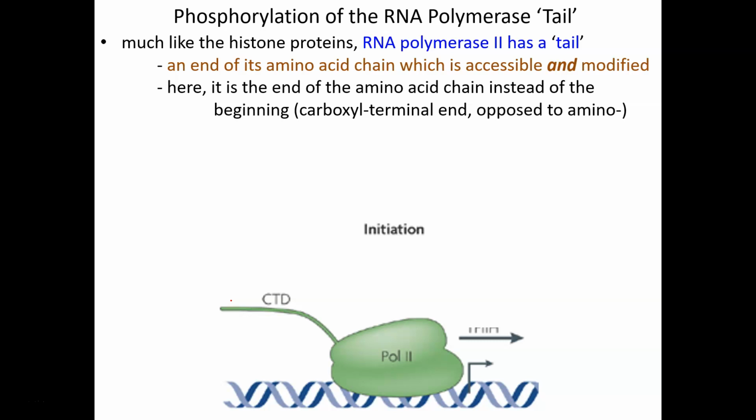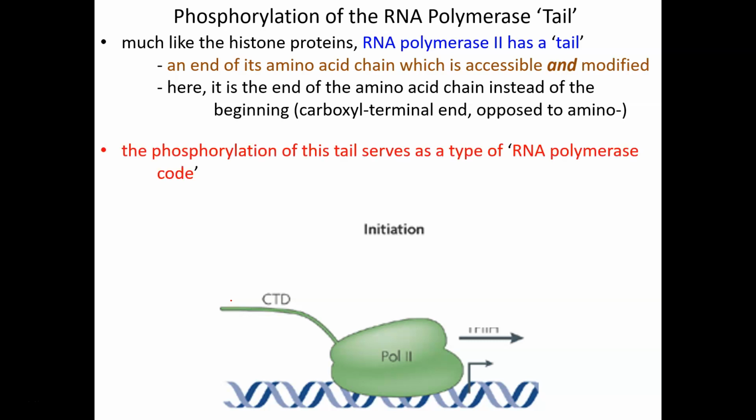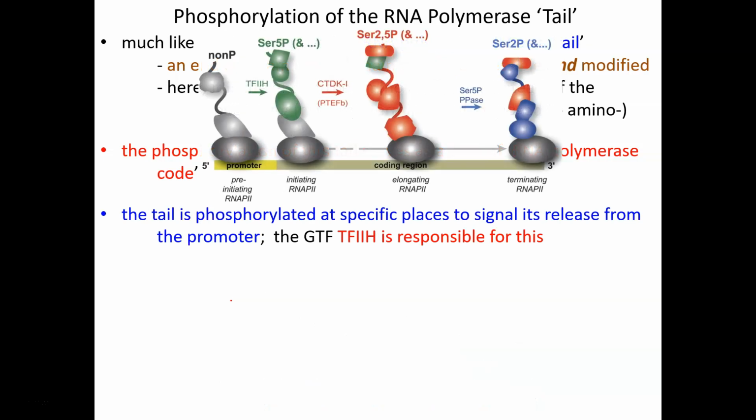So this really is the end, the bottom, the tail end of the protein. This carboxy terminal tail of RNA polymerase II can be phosphorylated. It can have phosphate groups added to it, and that phosphorylation serves as a type of code, an RNA polymerase code. Based on those phosphorylation patterns, the cell and the enzyme know what stage of transcription it's in. For example, completely unphosphorylated RNA polymerase II, non-phosphorylated RNA polymerase II, is involved in assembling with the GTFs. It's going to be at the promoter.